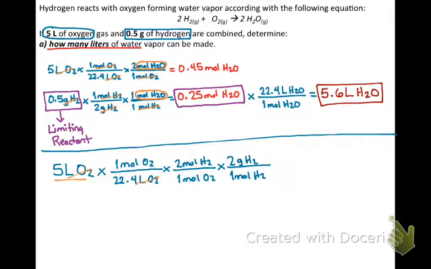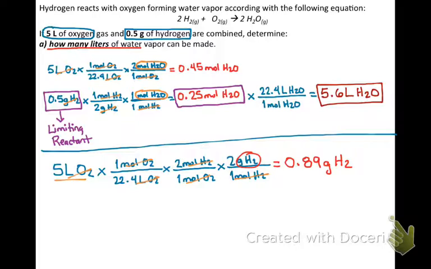I cancel units here, and then I will have 5 divided by 22.4 times 2 and times 2 again. So what I get from here is that 5 liters of oxygen will need 0.89 grams of hydrogen to react completely.